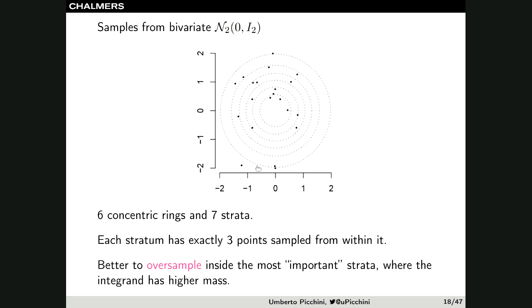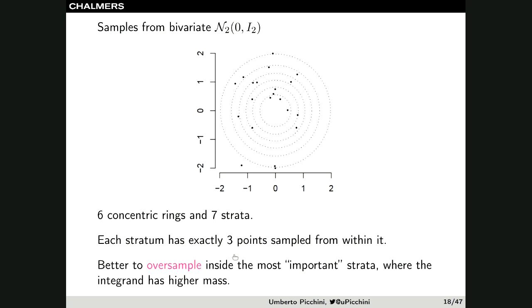So we have 6 rings, one smaller, one larger than the others, and 7 strata. In each stratum you have exactly 3 points. This is clearly not what we will want to do to approximate that integral.